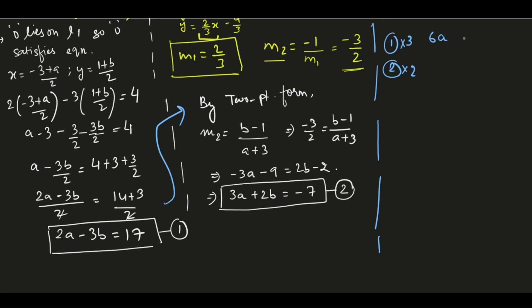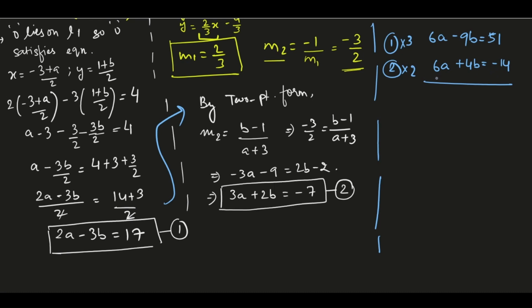So I will get 6a minus 9b is equal to 51. और यहाँ होगा 6a plus 4b is equal to -14.